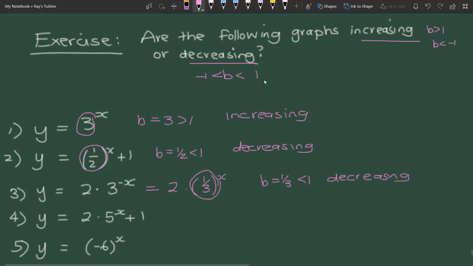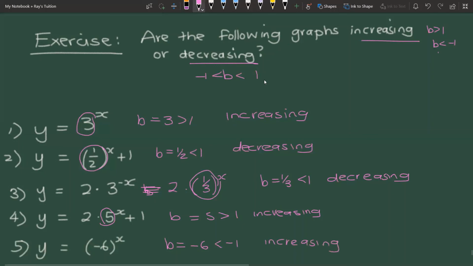In this case over here, our b is our coefficient of x, which is 5. So we have that it is greater than 1, so this is an increasing graph. And for the last one, we have b is equal to -6, which is less than -1, which also means that this one here is increasing.